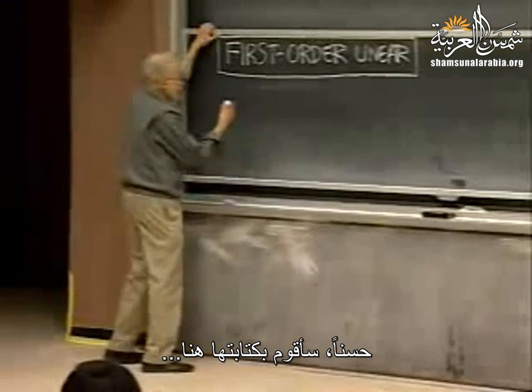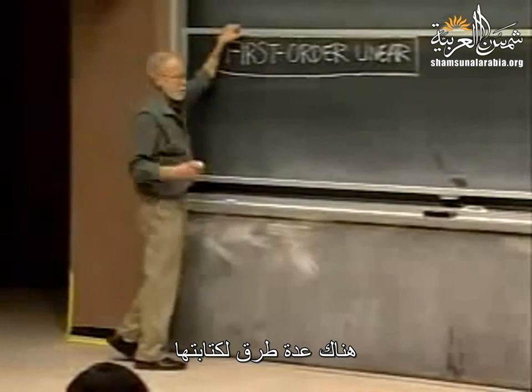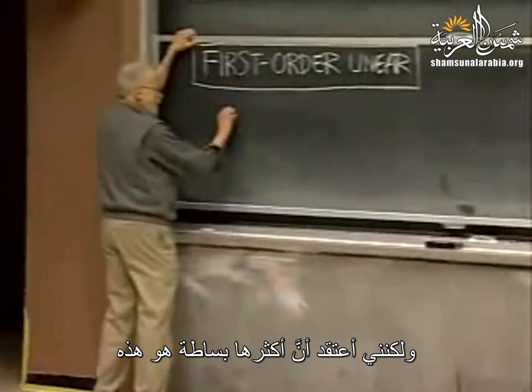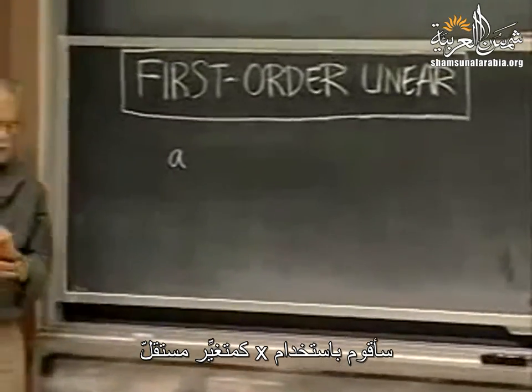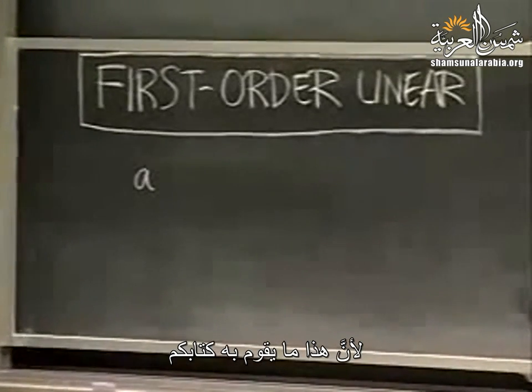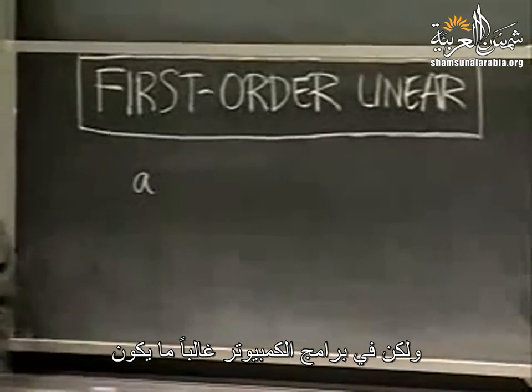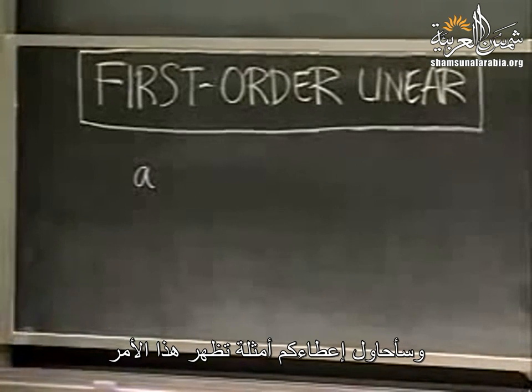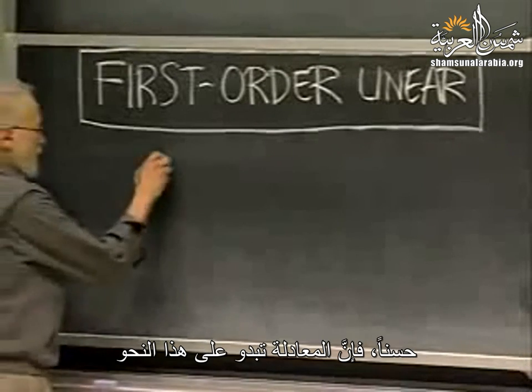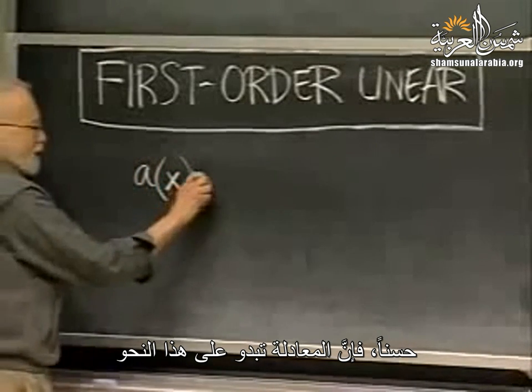Well, there are several ways of writing it, but I think the most basic is this. I'm going to use x as the independent variable because that's what your book does, but in the applications it's often t, time, that's the independent variable, and I'll try to give you examples which show that. So the equation looks like this.